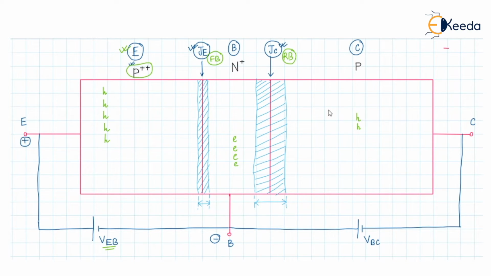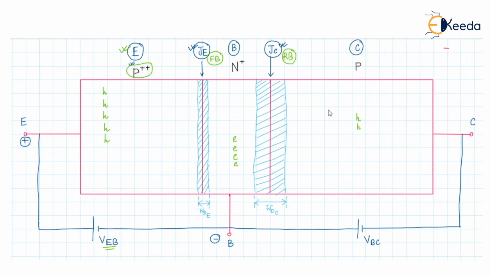Let us call the width of the depletion layer at the JE junction WDE. WDE means the width of the depletion layer at the emitter junction, and the width of the depletion layer at the collector junction is WDC.